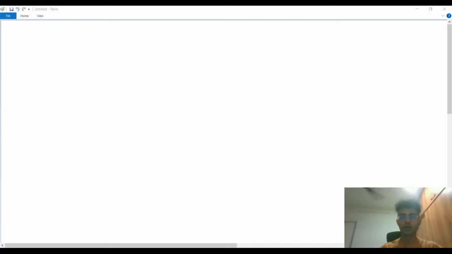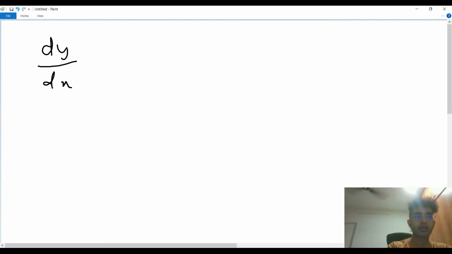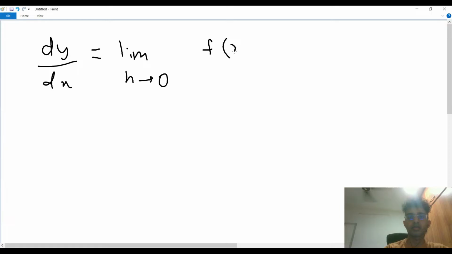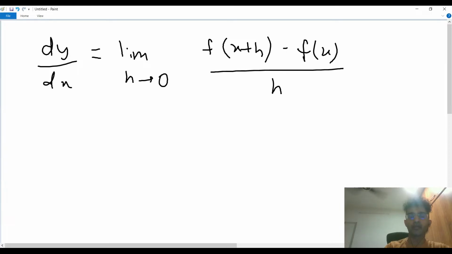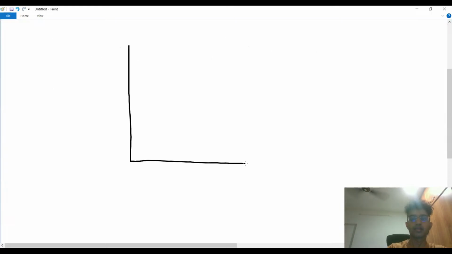Okay, perfect. So we discussed that the derivative is basically dy by dx equals limit h tends to 0 of f of x plus h minus f of x divided by h. So essentially, if the graph of a function is like this, this is x and this is your y, this is basically your f of x.